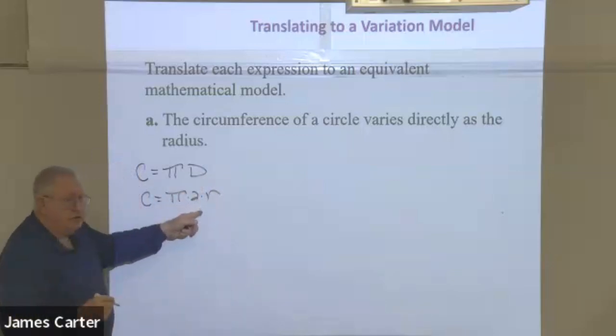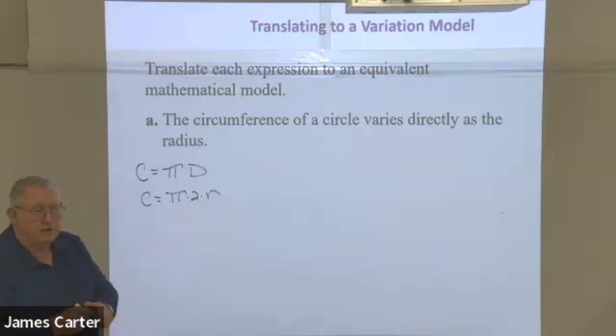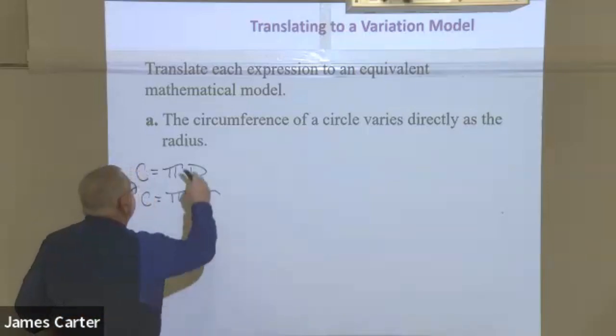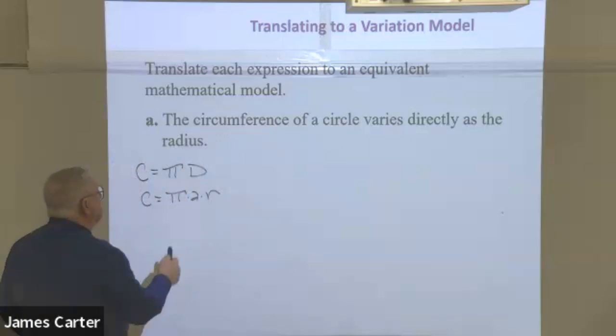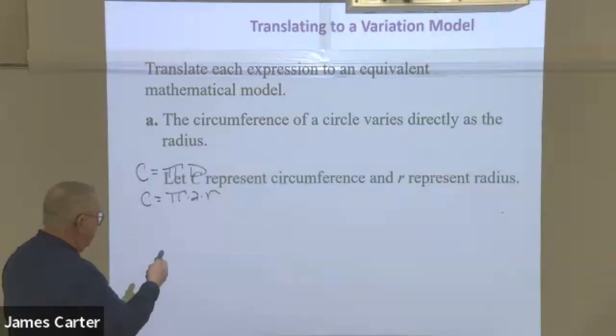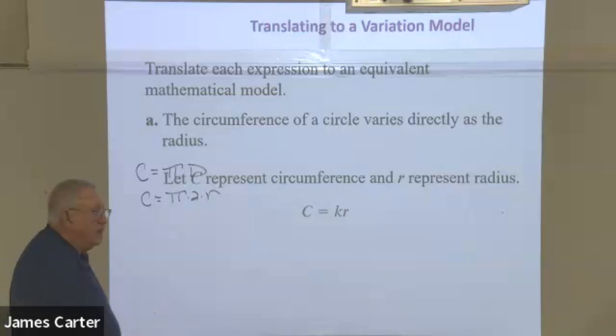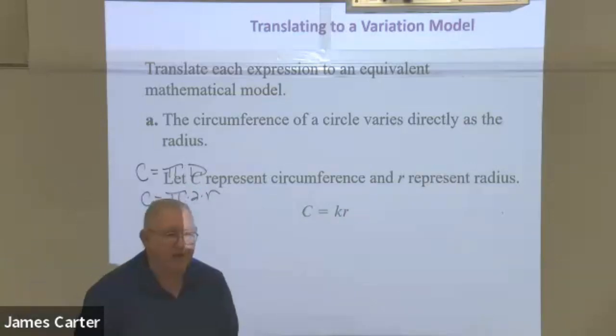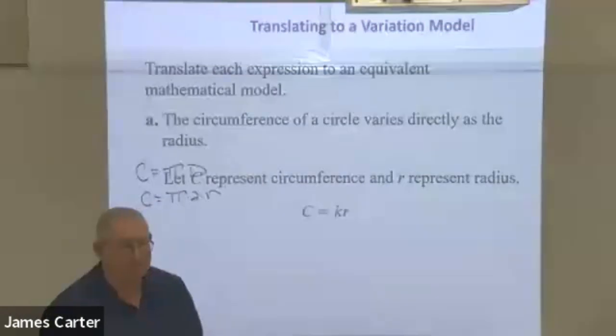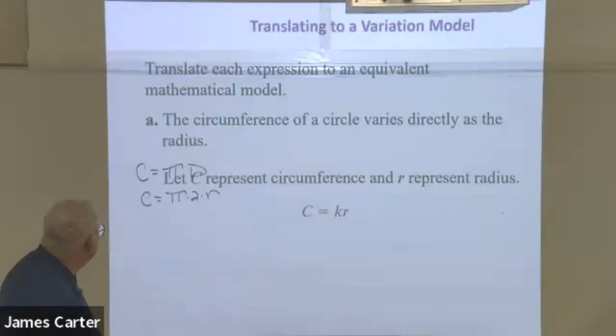Well, the diameter and 2 times the radius are the same thing. Okay. Now, they're saying this. So, V equals something times R. Well, in this case, it would be pi times 2, or 6.28. Okay.